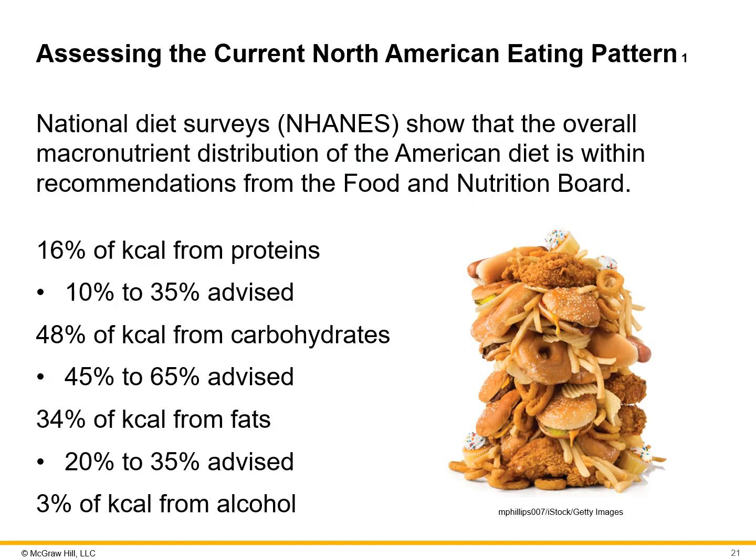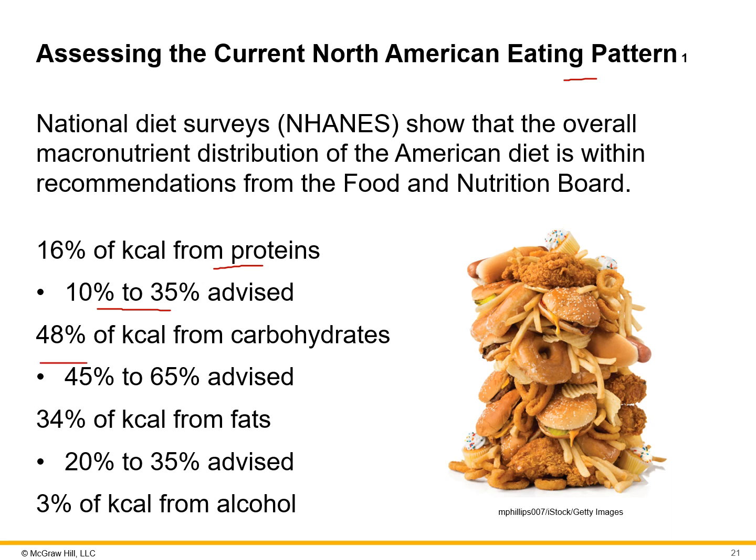All right, so now if we're looking at some of these eating patterns, we're seeing all these numbers. What these dietary surveys have shown is that about 16% of calories in the American diet come from proteins, which is actually within the advised range, a pretty big range of 10 to 35, so that's pretty good.